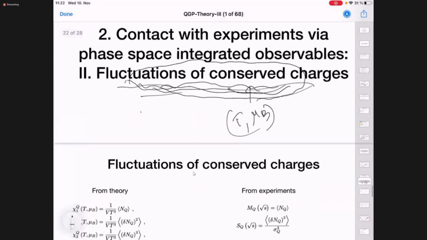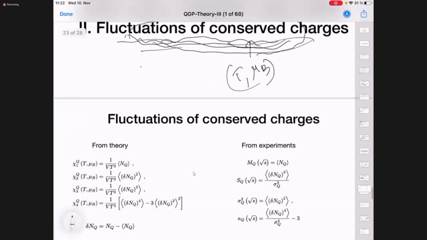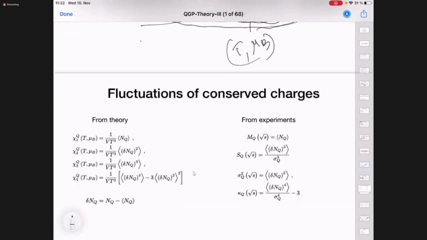Okay, so fluctuations of conserved charges from theory, for example, you could look at electric charge fluctuation. Of course, if you are looking at the entire fireball, nothing fluctuates, right? Because by definition, it's a conserved charge.